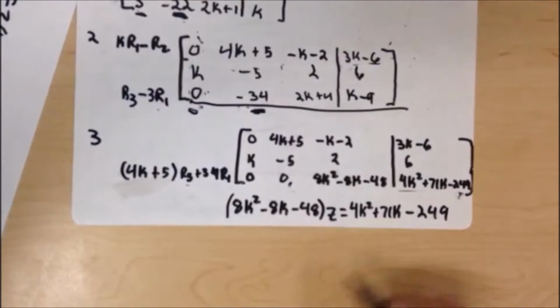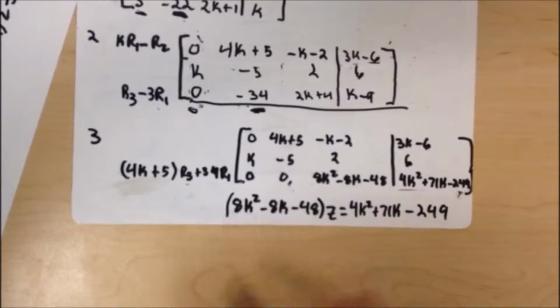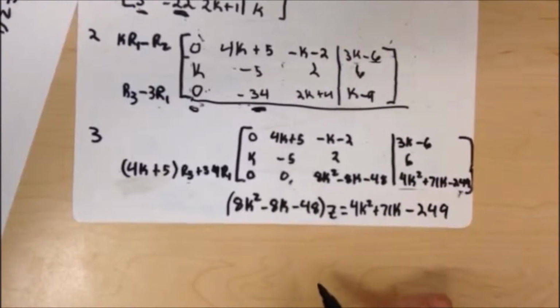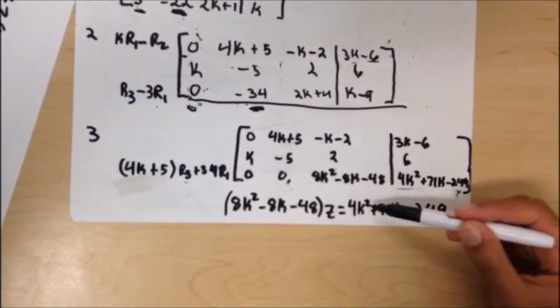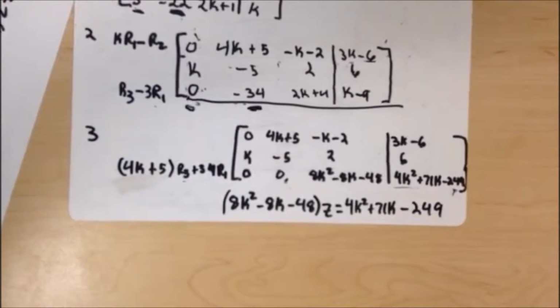So then we are left with the z value in the third row of 8k squared minus 8k minus 48, which is equal to 4k squared plus 71k minus 249.